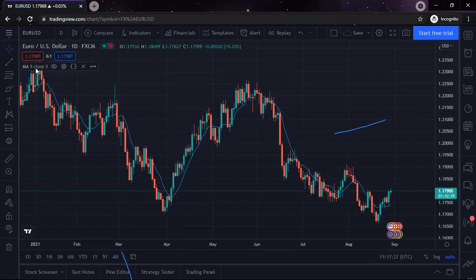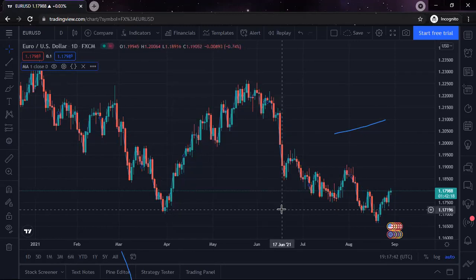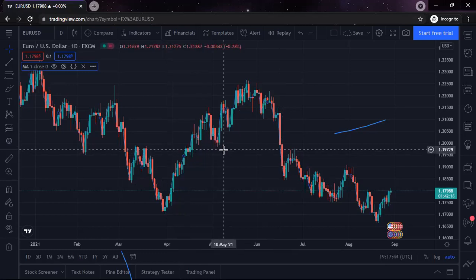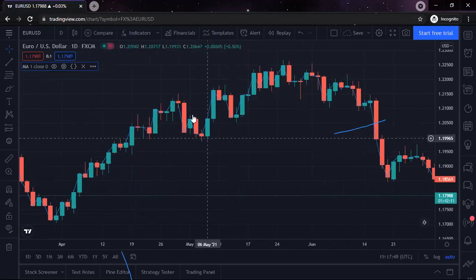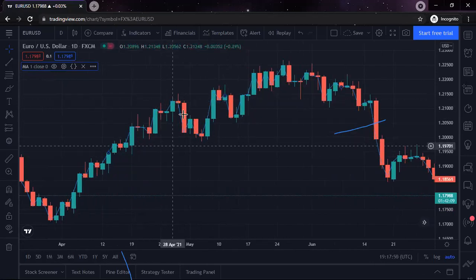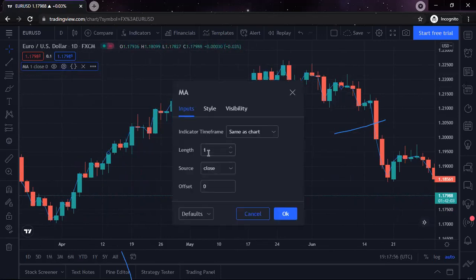Let's change it to 1 period and see how it looks. When you made it 1, see how it looks, just crossing the price. That's the 1. Then we change it from 1 to 2. This is how to change it.